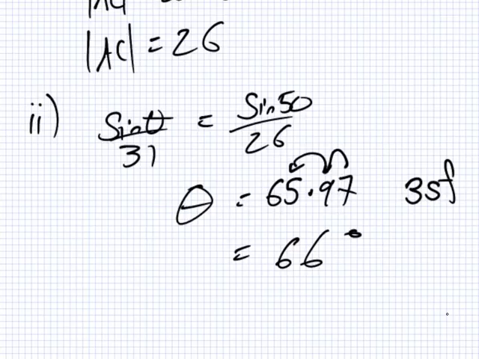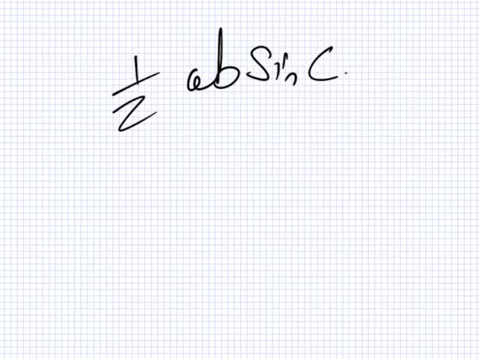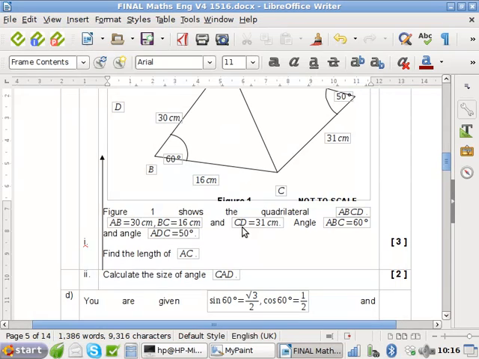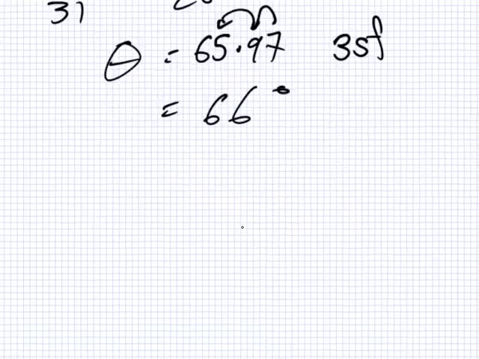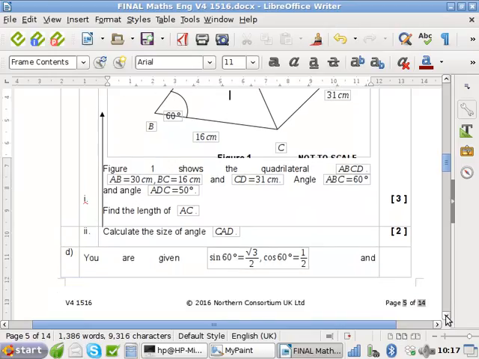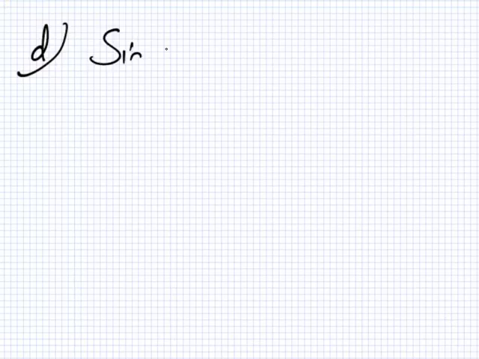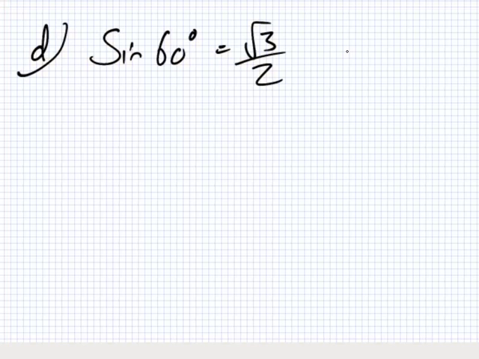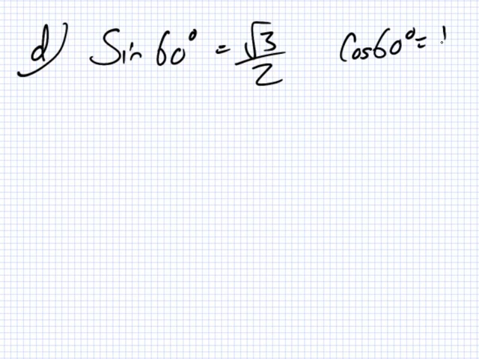A half AB sine C. Sine 60 is root 3 over 2, and cos 60 is a half.